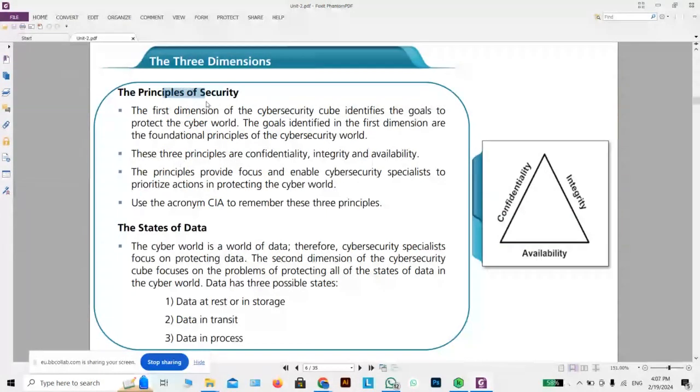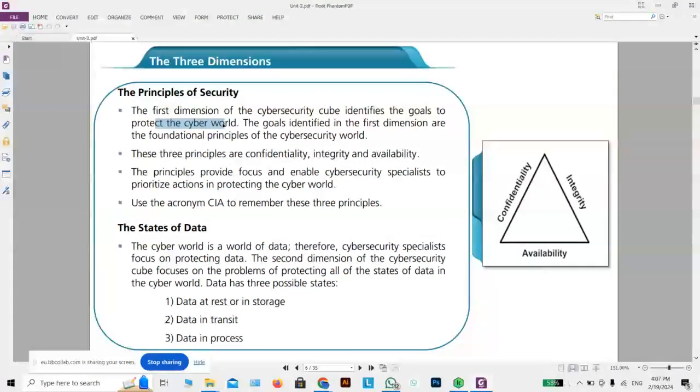That's all written here. The first dimension of the cybersecurity cube identifies the goal to protect the cyber world. I also told you the same thing, that it is actually a complete framework. It is a complete checklist to evaluate an organization's security.